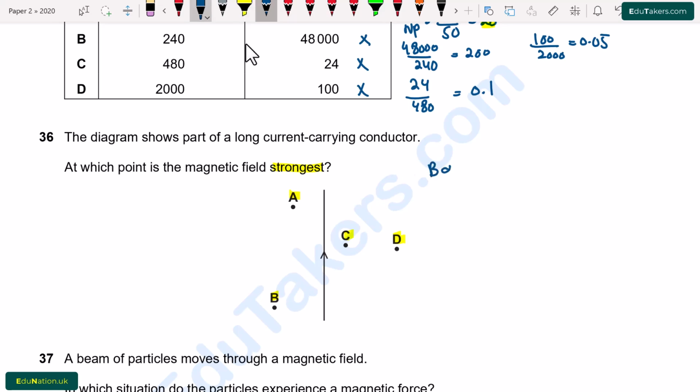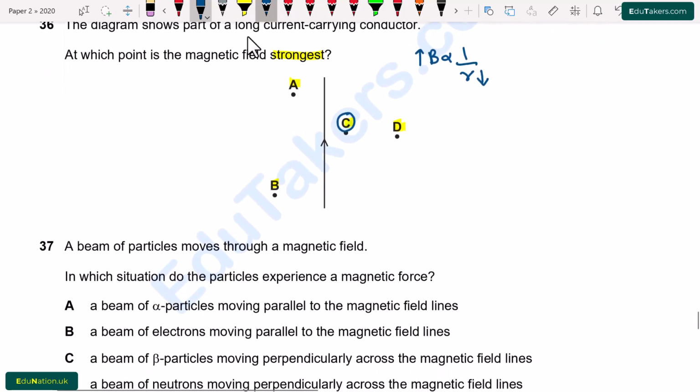Magnetic field is inversely proportional to distance. When the distance is smaller, magnetic field will be stronger. Point C is very closer to current carrying conductor as compared to A, B or D. It means that at the point C, magnetic field will be stronger. So option C is correct.